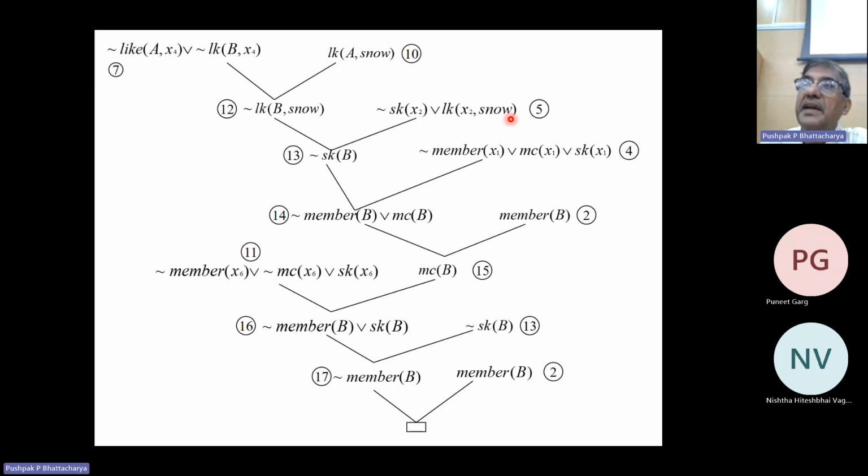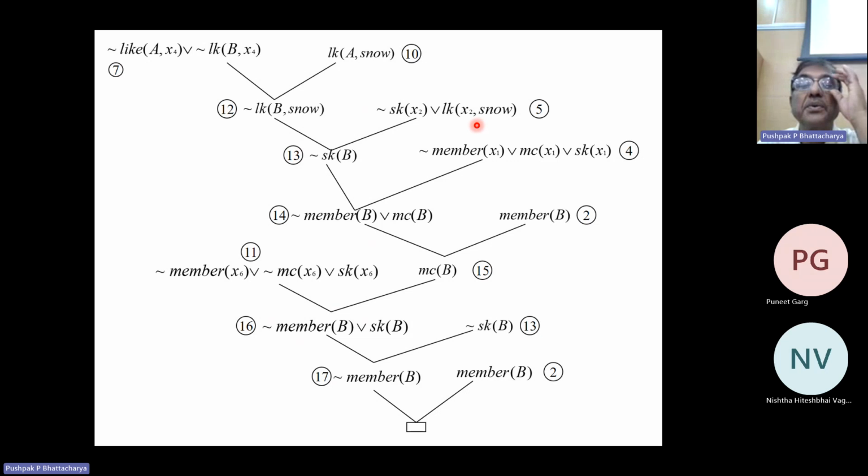So we are mimicking the human reasoning, but a machine which doesn't have any other knowledge than only the clauses will have to carry out a search. And that search could sometimes lead to a completely dead end. So not like B snow and not SK X2 or like X2 snow.